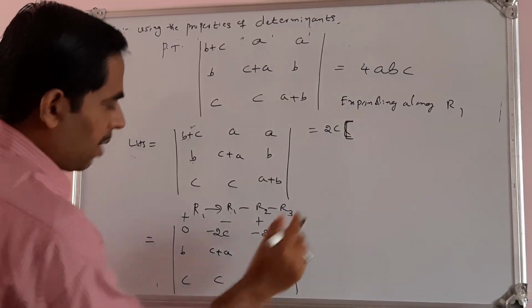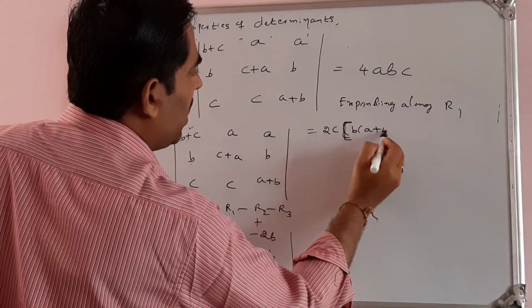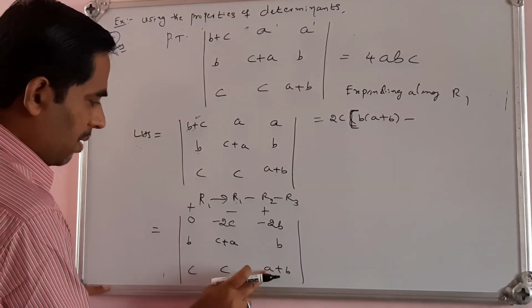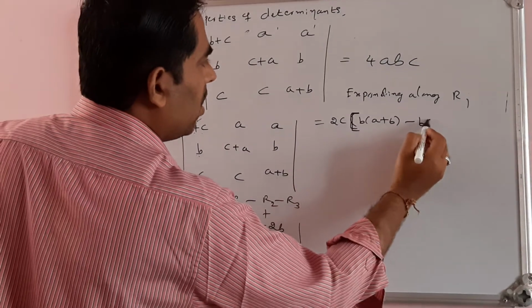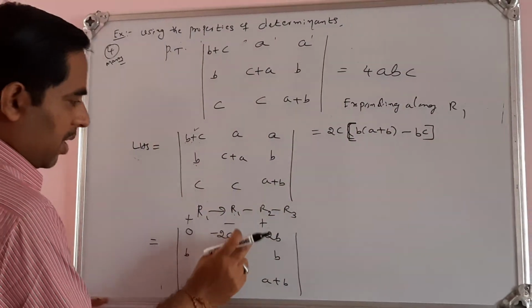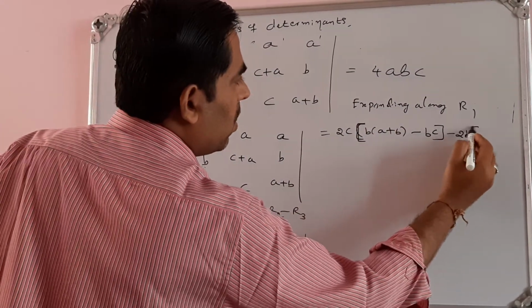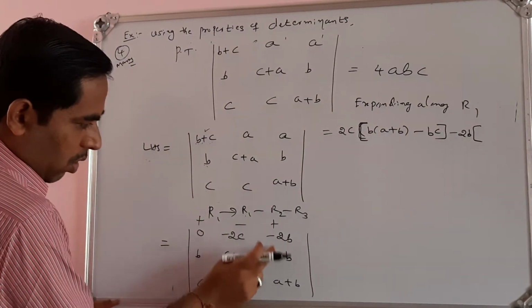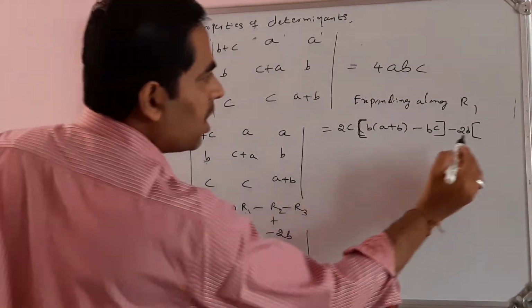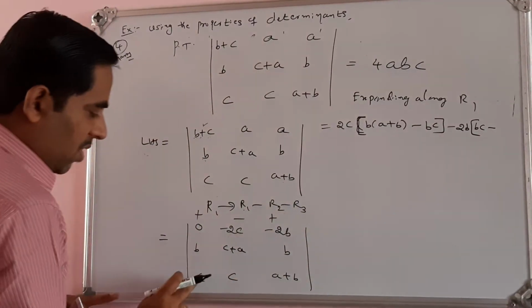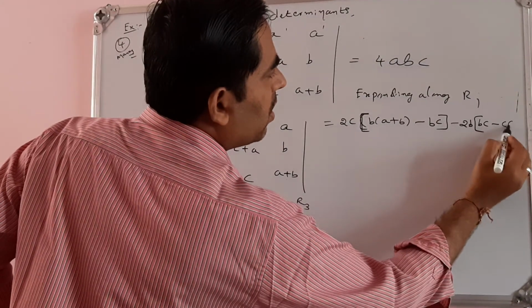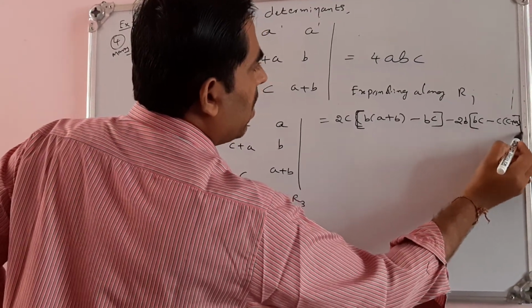See, B into A plus B, B into A plus B minus B into C. That is BC. Okay. Then plus into minus, minus 2B into, see, leave this column and this row. So B into C, that is BC, minus C into C plus A.